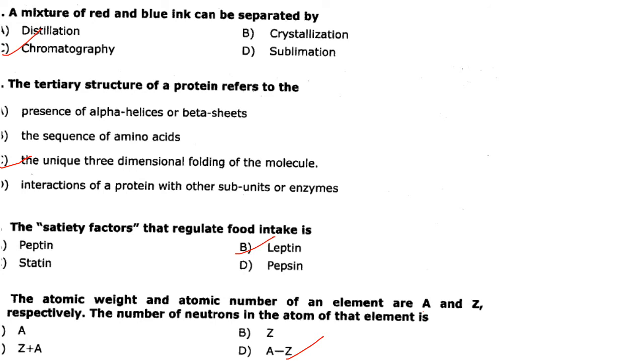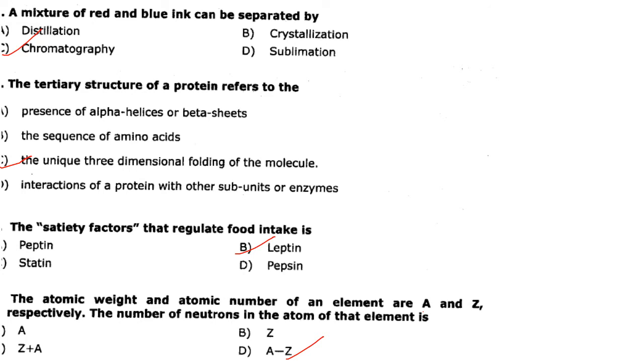Then the tertiary structure of a protein refers to the unique three-dimensional folding of the molecule. Sequence of amino acid is primary structure. Presence of alpha helices and beta sheets is secondary structure. And interaction of a protein with other subunits or enzyme is tertiary structure.